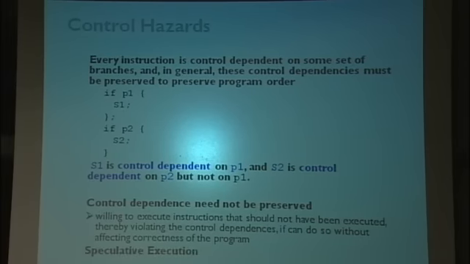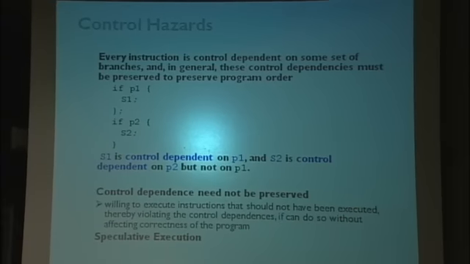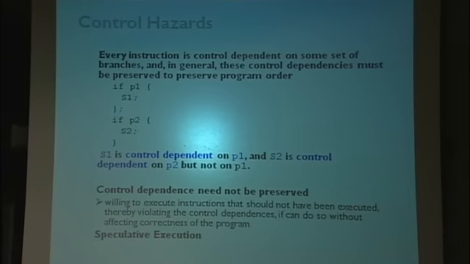The hardware will say, wait a minute, I know I have to wait till P1 is resolved to do S1, but I'm going to do S1 anyway. I will just do S1 speculatively, and then at some time when P1 is calculated and I know what P1 is, I ask, okay, did I do it right? If I did it right, I am good.